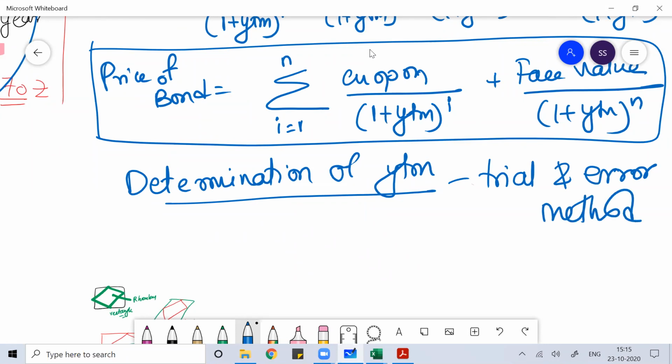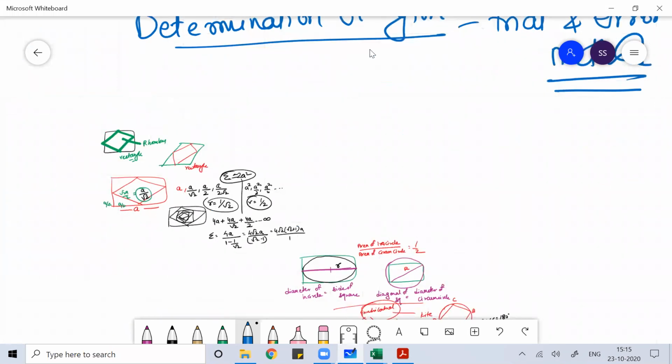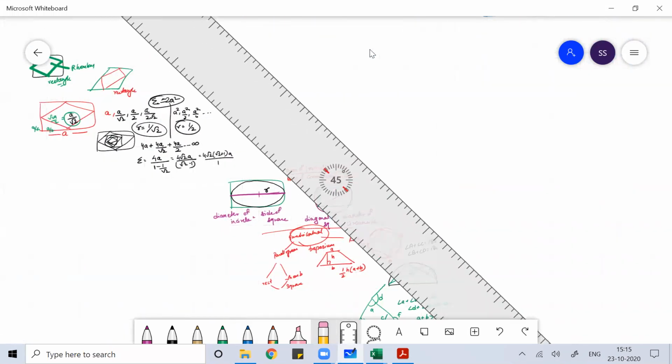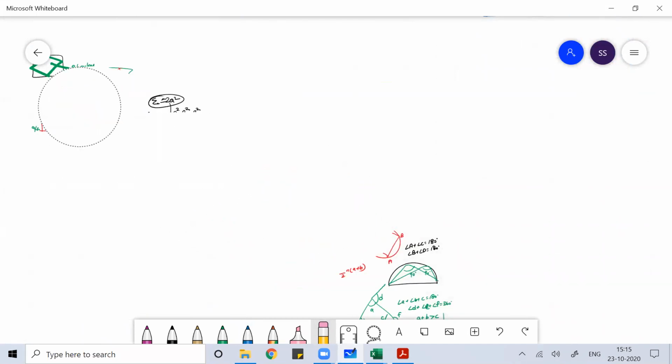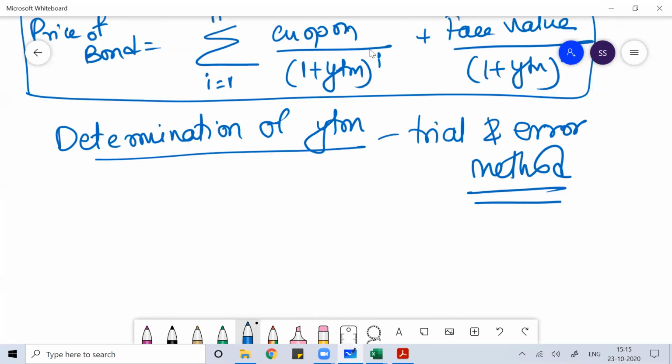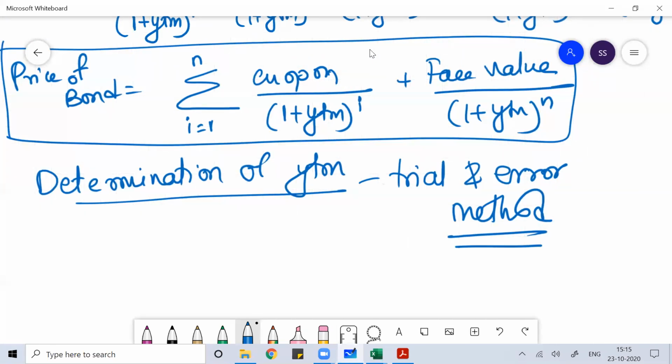There is no other way or method to determine YTM or IRR. There is only one way, and that is the trial and error method.